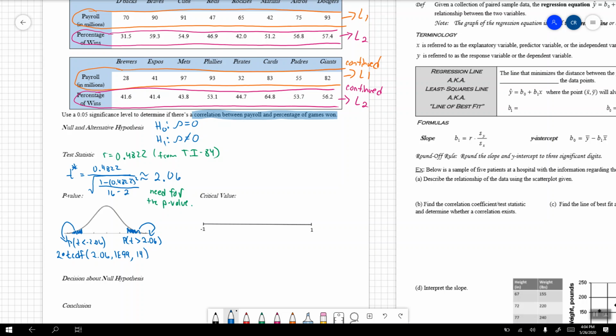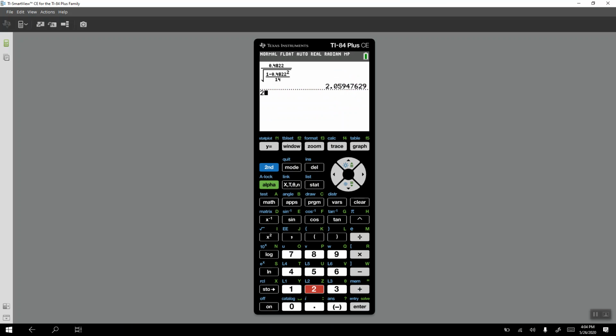So let's go back to the calculator and let's insert all this in. All right, here we are. So I'm going to do 2 times my TCDF. In order to access your TCDF, you need that distribution. So we're going to do distribution here. I need that TCDF. Going down to number 6, there we are. My lower bound was 2.06. Upper bound was the same one.